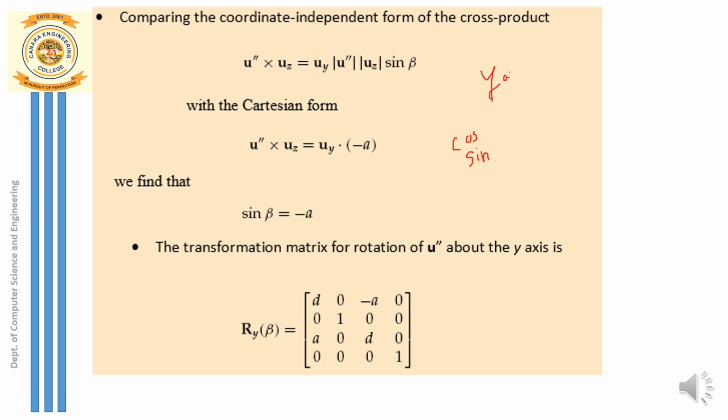The angle of rotation is given by angle beta, the axis of rotation is nothing but the y axis, and the plane that we are using for performing rotation is the xz plane. Cosine of angle beta is given by d divided by 1, whereas sine of angle beta is given by minus a.